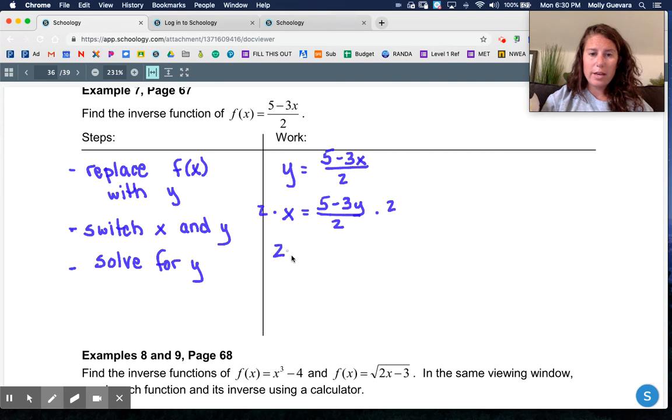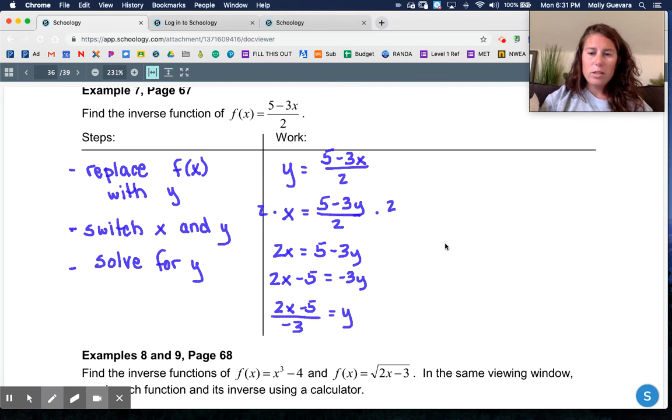And I get 2x equals 5 minus 3y. Subtract my 5, so I have 2x minus 5 equals negative 3y. And then divide by 3. So I have 2x minus 5 over negative 3 equals y.